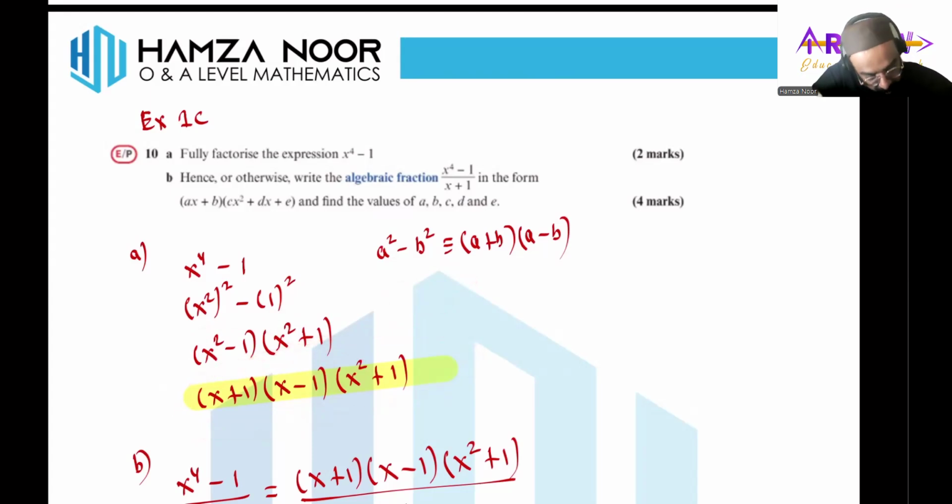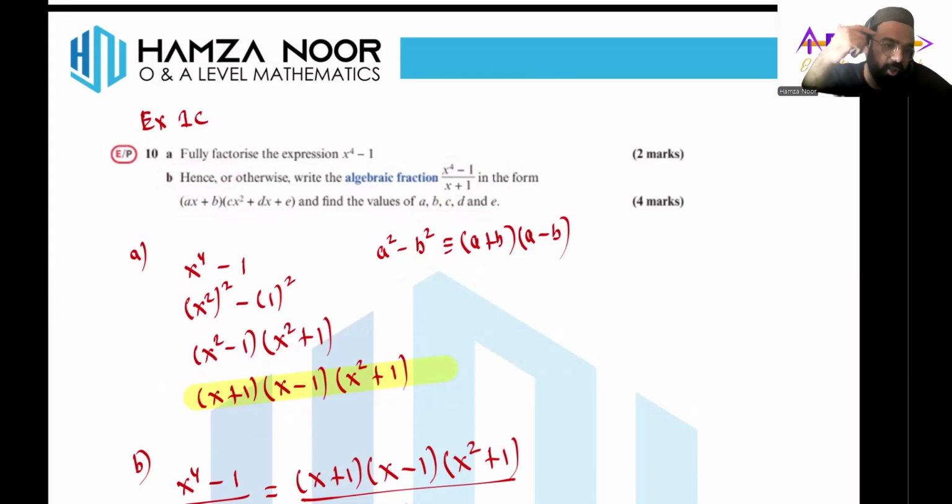Now in part B, it says hence or otherwise write the algebraic fraction x raised to the power of 4 minus 1 upon x plus 1 in the form of ax plus b multiplied by cx square plus dx plus e, and find the values of a, b, c, d, and e. First, just focus on this word hence.